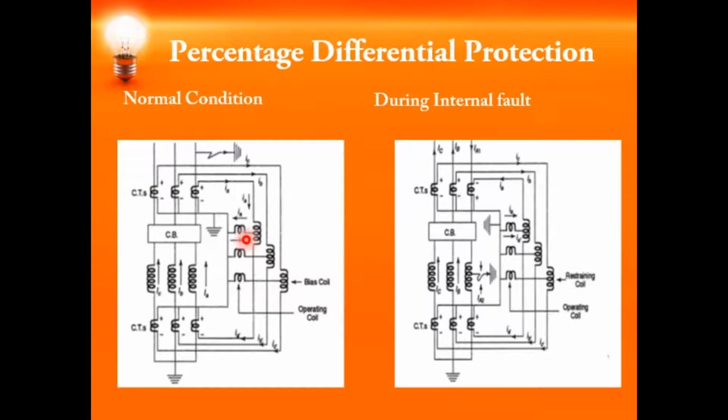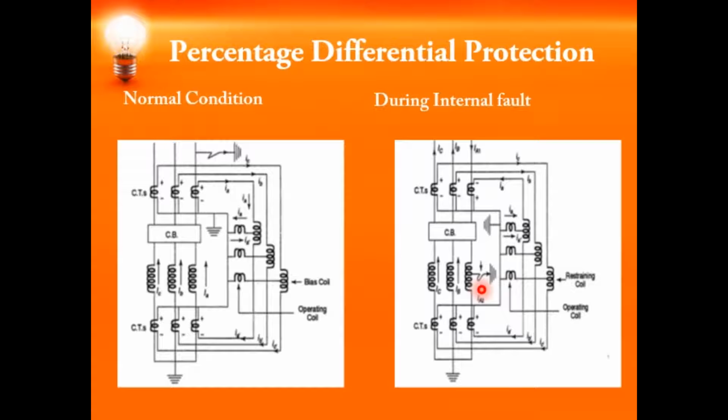For an internal fault, the polarity of the secondary voltage will change. You can observe in this figure that a fault has occurred in this winding, in A phase, and the polarity of the CT is reversed compared to the first one. Here the top is plus and minus, and here it is reverse, due to the fault in this winding.